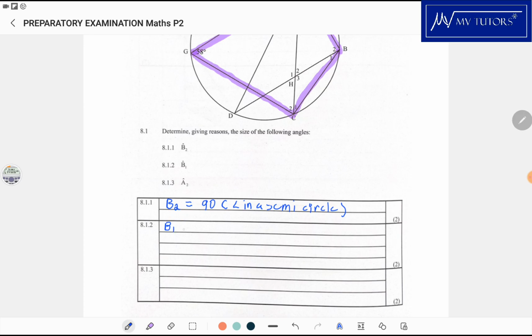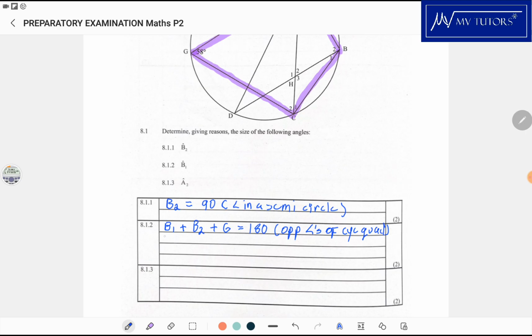B1 plus B2 plus the angle G is equal to 180. And the reason is opposite angles of a cyclic quad. That's all you had to write.